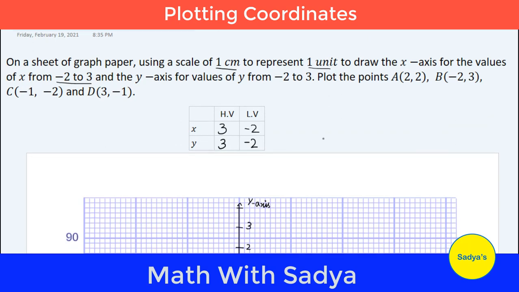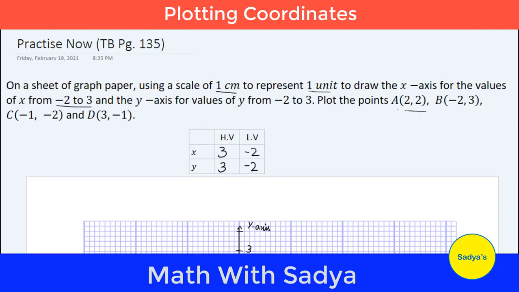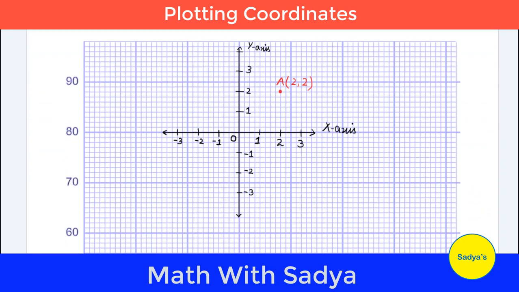The first point that we have to plot is A (2, 2). Starting from the origin, x is positive, so in the right direction, here we have 2, and y is positive in the upward direction, so we move up, and here we have 2. So mark it, and we will label it A (2, 2). The next point is B (-2, 3).